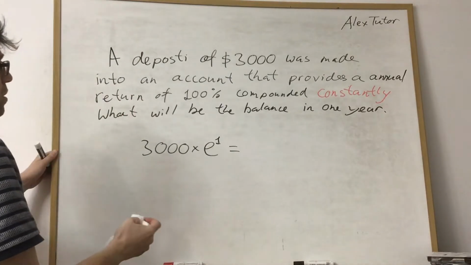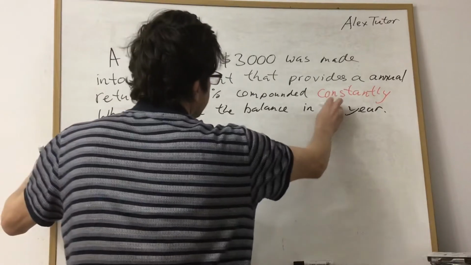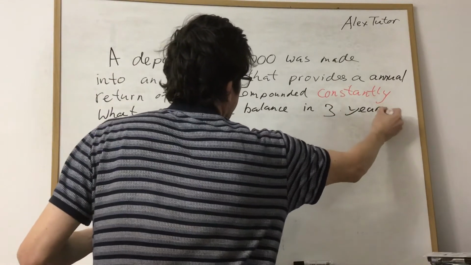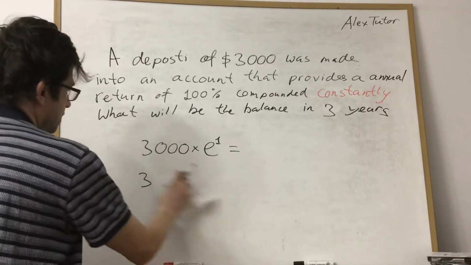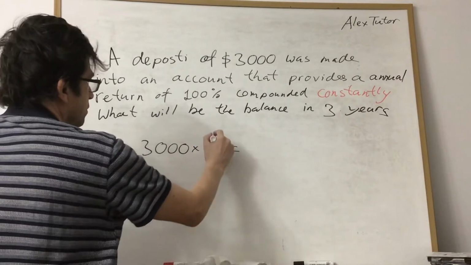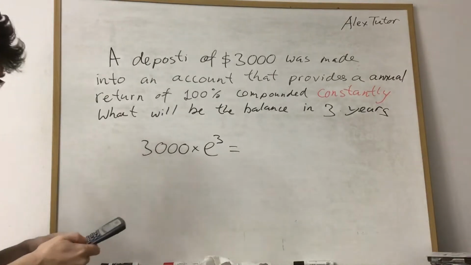So how about if I make it not 1 year, let me make it 3 years. Then it will be 3000 times e to the power of 3. And how much is that?